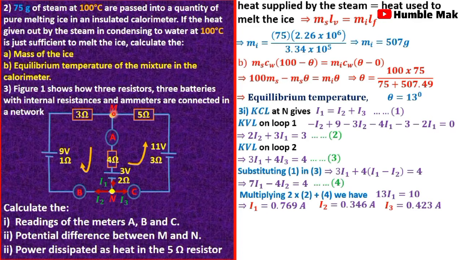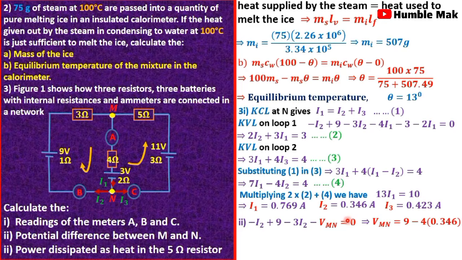So friends, to get this done, we can simply say that if we start from here, summing this, we are going to have negative I2 plus 9 minus 3 I2, then minus the potential difference, minus V MN, should give us 0.